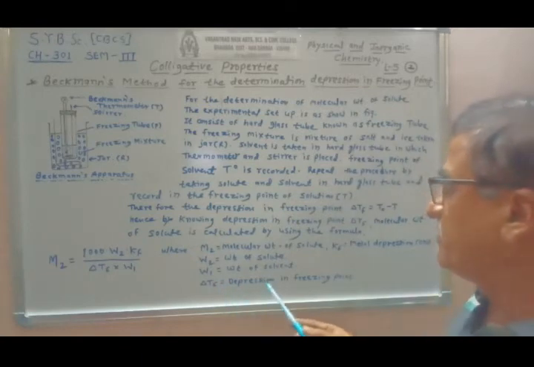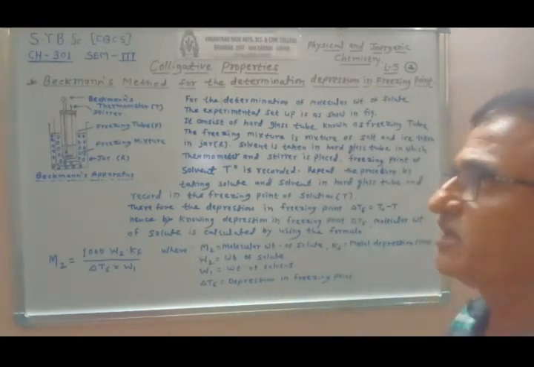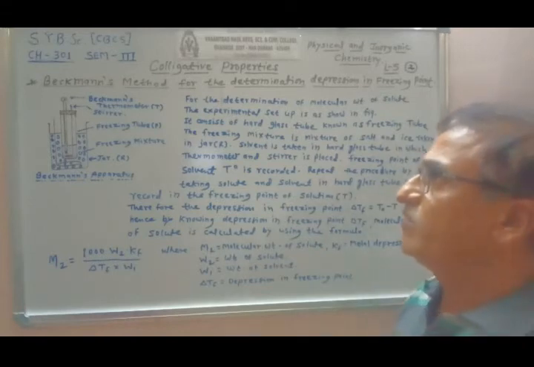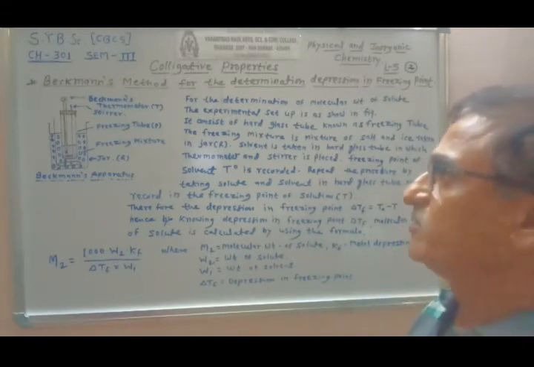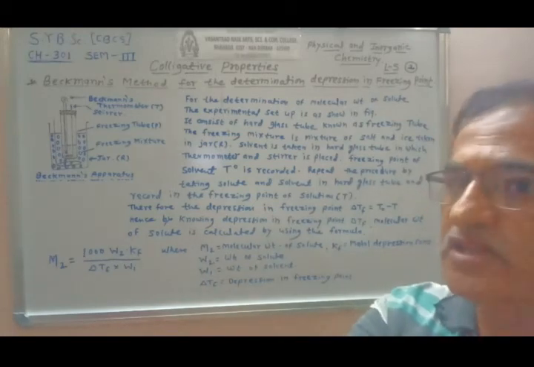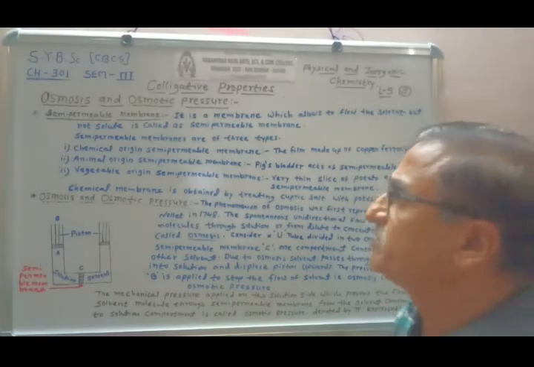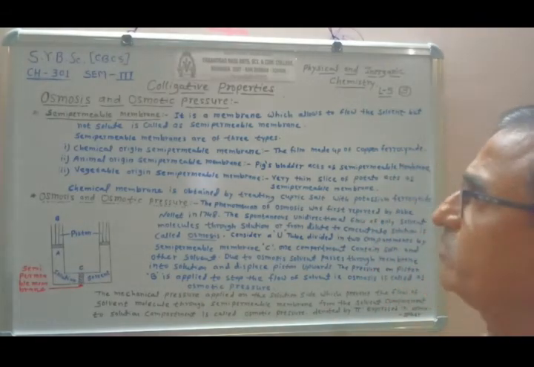Delta Tf is the depression in freezing point. So in this way we can calculate the molecular weight of that solute by using the depression in freezing point method.